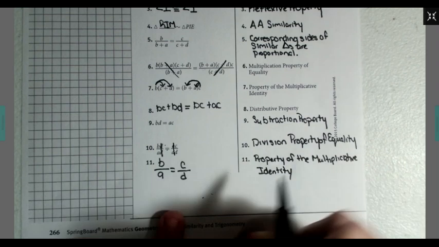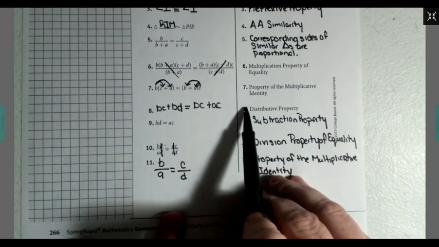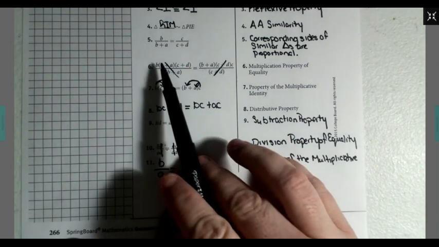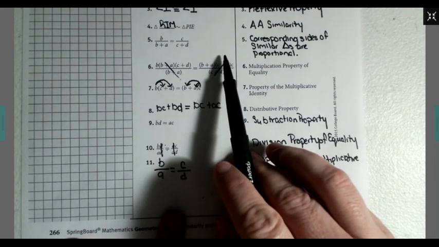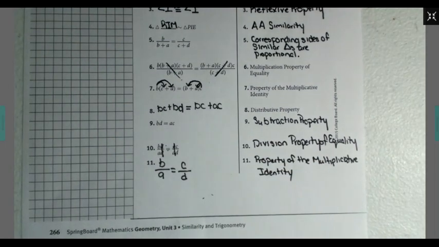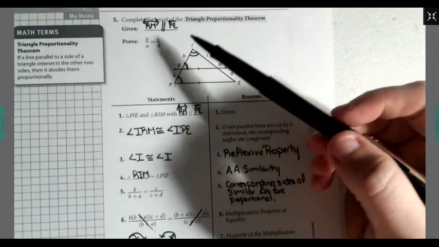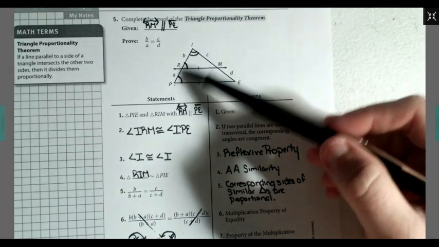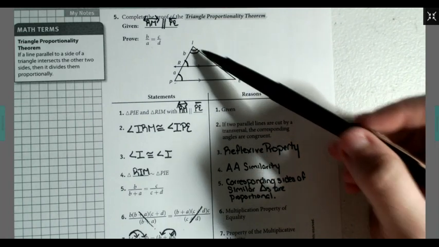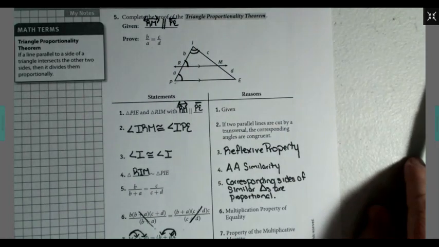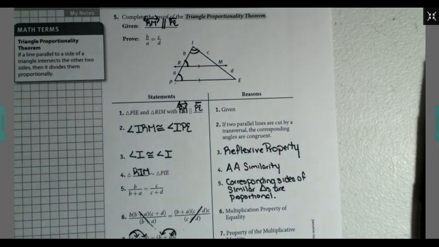And if you recall, they actually used that same property back in step number 7, where they canceled out the B plus A and the C plus D. Now, was this what we were asked to prove? Yes, we were asked to prove that the B over A proportion was equal to the C over D proportion. On to the next set of questions.